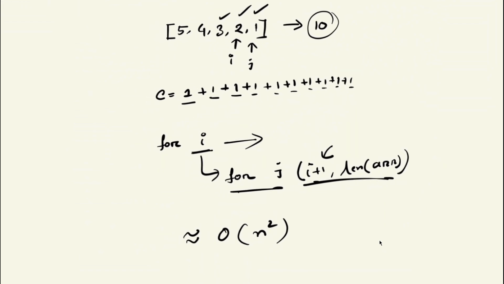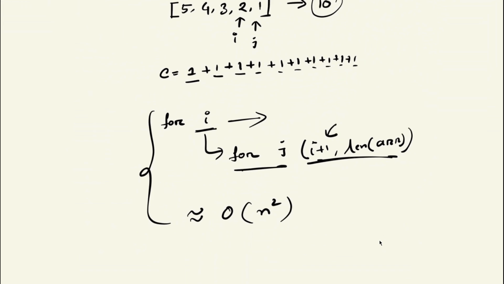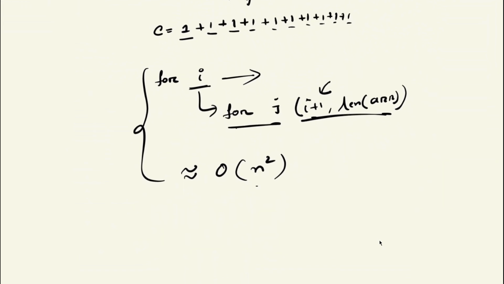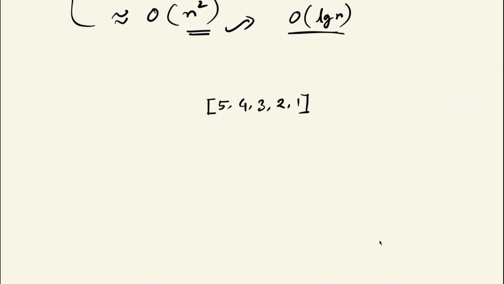Well, so what our agenda is, we always try to minimize the quadratic complexity. We'll simply divide this array into two halves.